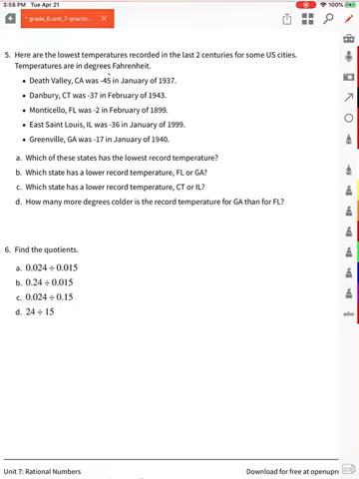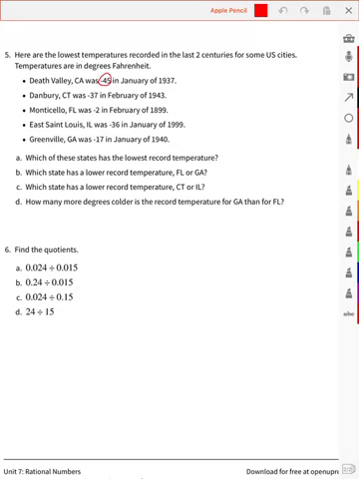When we're looking at negative 45, that would be California. Which state has a lower record temperature than Florida or Georgia? So this is Georgia's negative 17. Florida's negative 2.